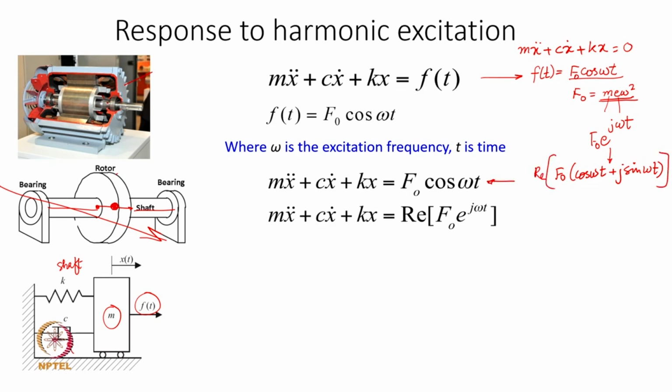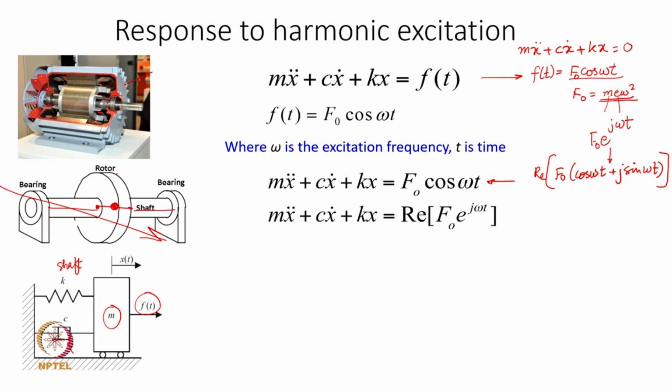Now, either way you can solve the equation from the first or the second equivalent expression, but for the sake of mathematical simplicity, we will use the second of the two equations.